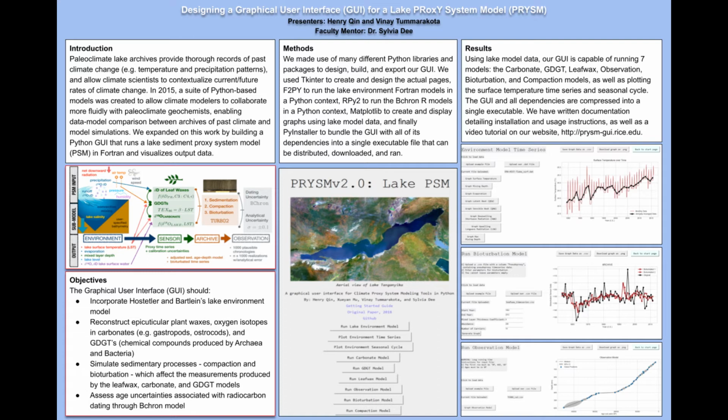For clarification, GDGTs, or glycerol dialkyl glycerol tetraethers, are chemical compounds produced by archaea and bacteria. When produced by archaea, GDGTs provide a proxy for marine or lacustrine temperatures. However, when produced by bacteria, GDGTs are a proxy for changes in mean annual air temperatures.